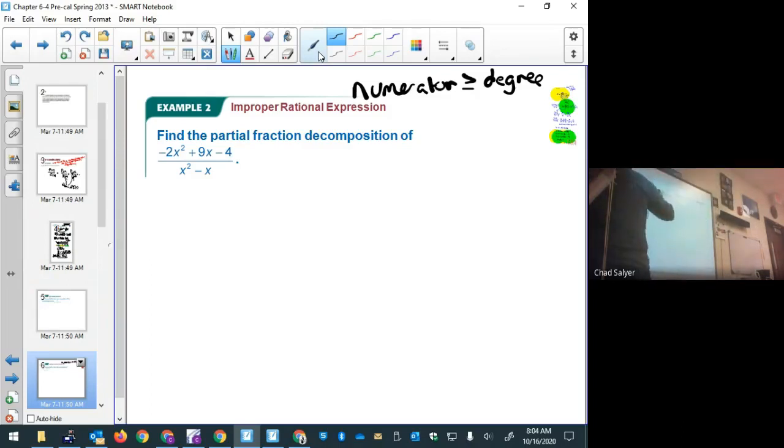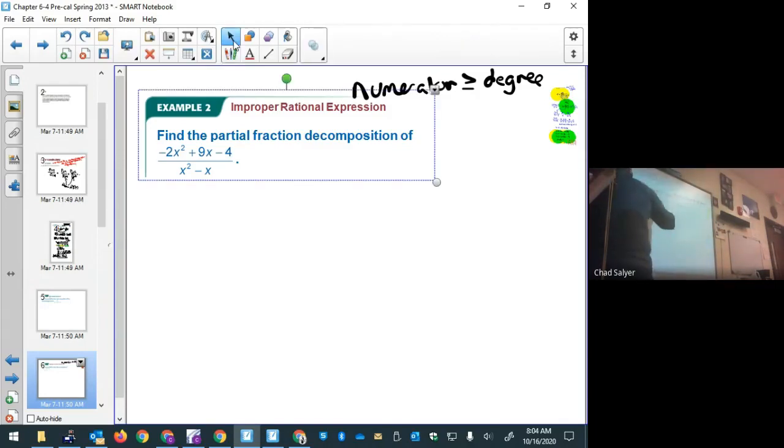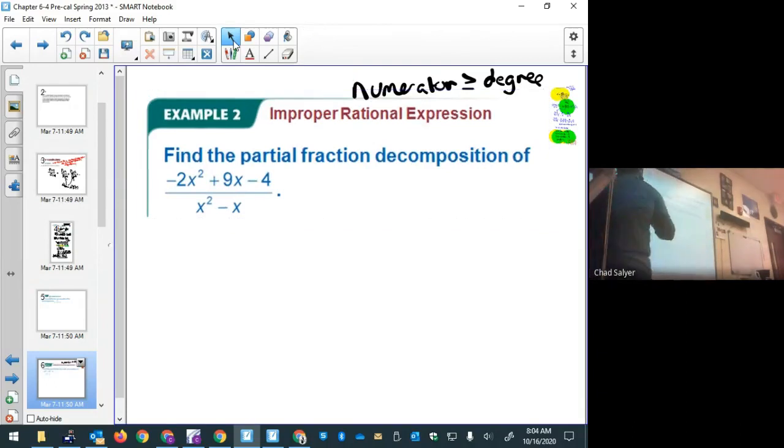So for partial fraction decomposition of this, we have the same degree in the numerator as the denominator. The numerator is second degree, the denominator is second degree.